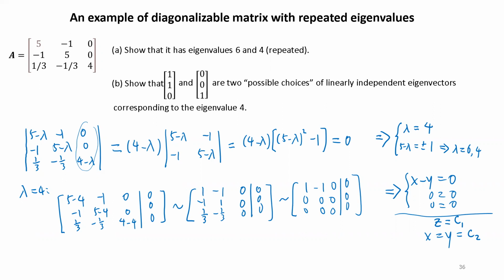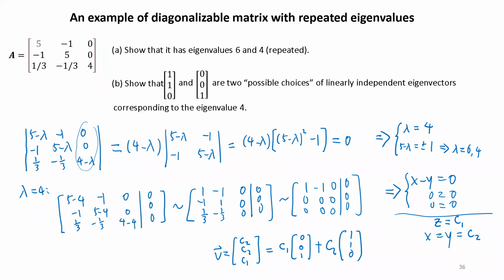So that means my eigenvector would be (C2, C2, C1), and you can write it as C1 times (0, 0, 1) plus C2 times (1, 1, 0).